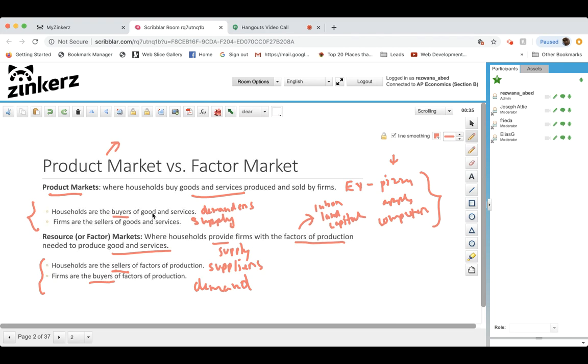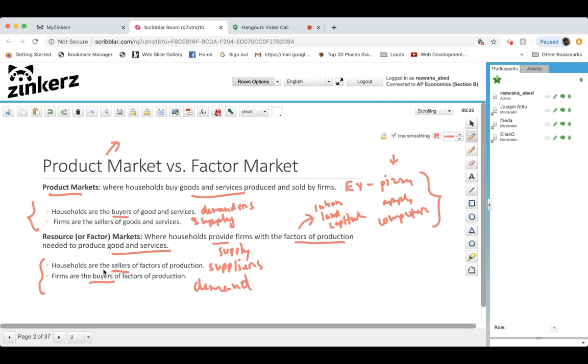The factor market is the reversal, where households provide firms with factors of production, which are labor, land, and capital. These are factors of production that households own, and they offer them to firms or businesses so that they can use them to produce goods and services.